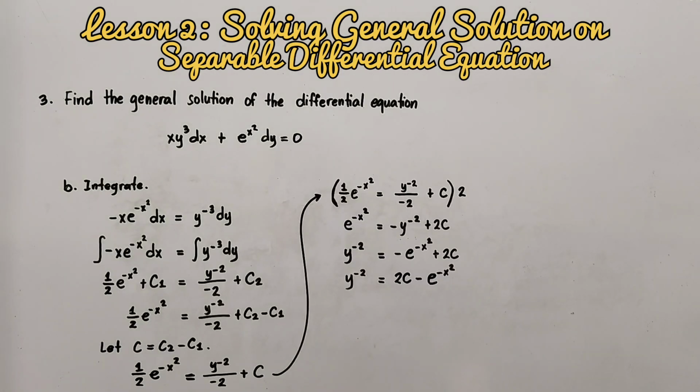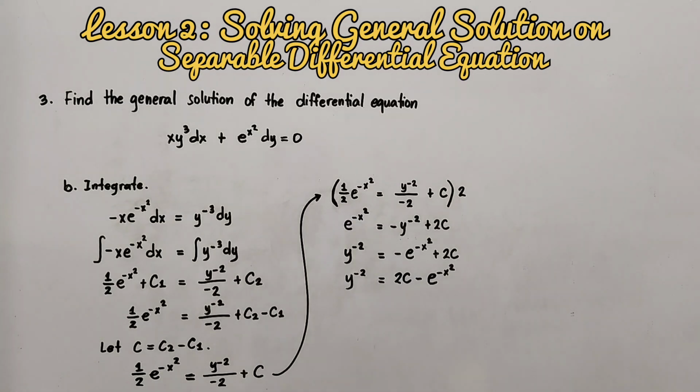To simplify the fraction, we will multiply both sides by positive 2. 2 times 1/2 e power negative x squared is e power negative x squared. 2 times y power negative 2 over negative 2 is equal to negative y power negative 2, and 2 times c is 2c. Additive inverse of negative y power negative 2 is y power negative 2.